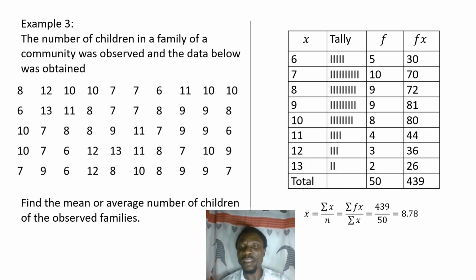The fx is the product of the frequency by the entry value. So we have 6 times 5, that will give us 30. 7 times 10 will give us 70. We'll do that for all the entries of the values, and then we get the total. The total will then be 439. So to find the mean of this data, this will give us 439 divided by 50, which will give us 8.78.